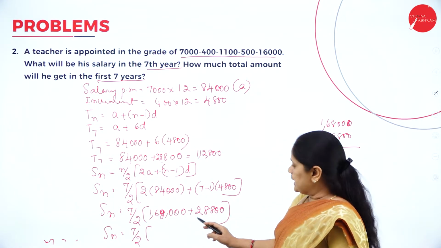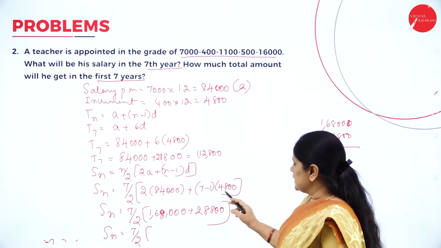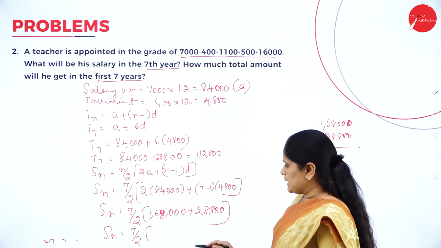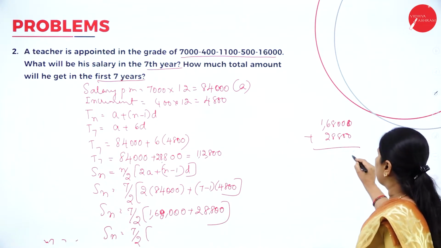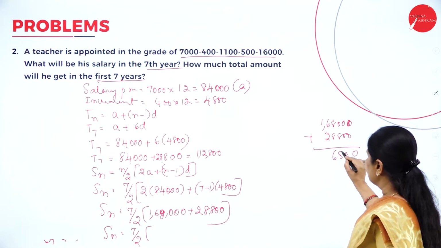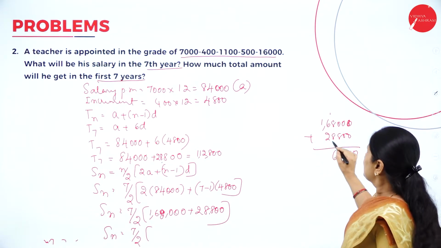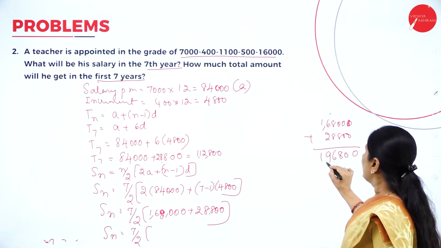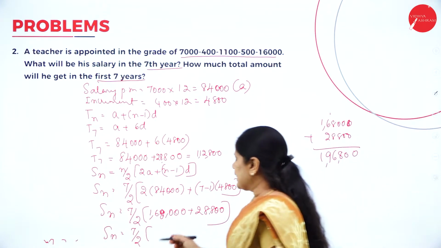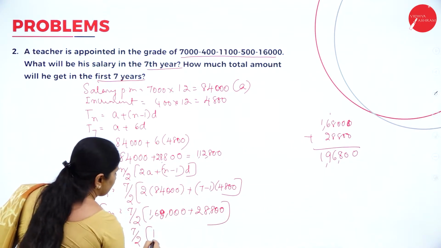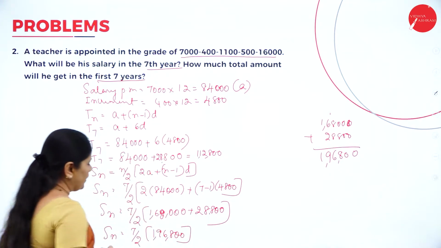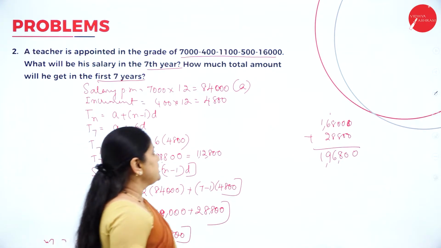So 1,68,000 plus 6 into 4,800, so it is 28,800. When I add these two, I get 0, 0, 8, 8 plus 8, 16, borrow 1, 6 plus 3, 9, 1,96,800. So I write here 1,96,800. Now I have to divide this by 2.